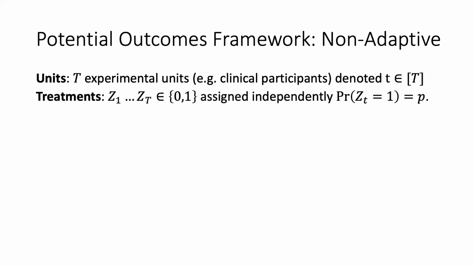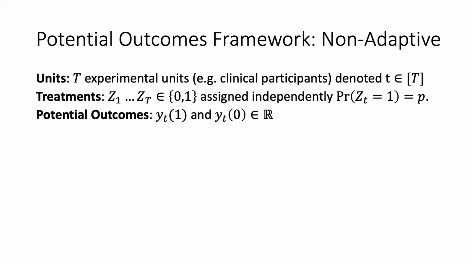That's what's going on. Okay, so there are capital T treatments here. They're denoted Z1 to ZT. They're binary, so you got the treatment or you got the control, and they're assigned independently, each with probability P. So this is what Arnold was doing in the intro slide.